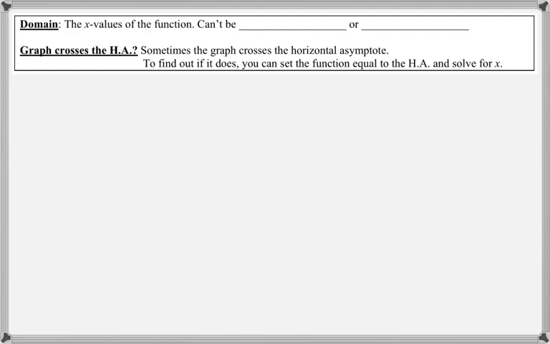And specifically, these can't be the vertical asymptote or the removable discontinuities, or the holes. So any vertical asymptotes and any holes in the graph, you got to make sure that you remove these from the domain because the function is not defined at these spots.